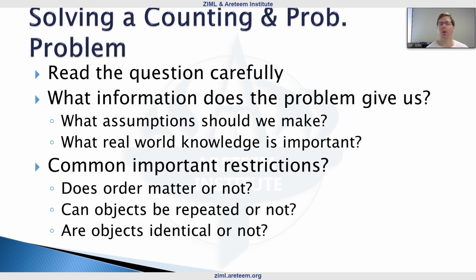So we have things like, how many small smoothies, how many large smoothies. Sometimes we need to make assumptions as well. We'll see some problems like that in a second. We'll be talking about a race. We might need to assume that there are no ties, or that everybody finishes the race.